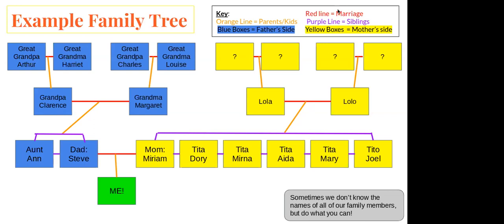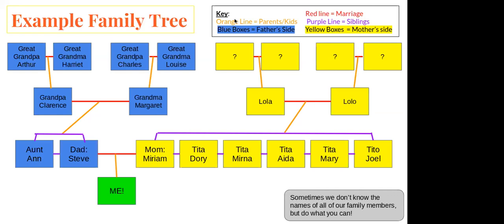A red line means they got married. So that's why you see most of those between great grandpa and great grandma, grandpa and grandma, and mom and dad, whatever it is. Purple lines mean they're siblings. And then the blue boxes are for dad's side. The yellow boxes are for mom's side.